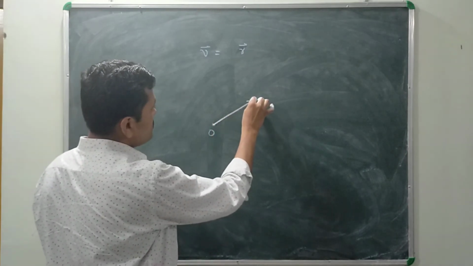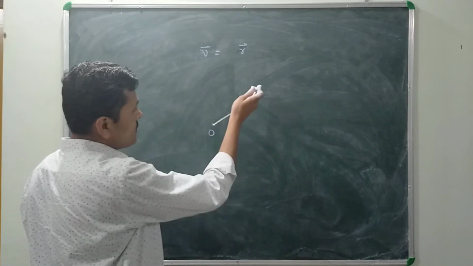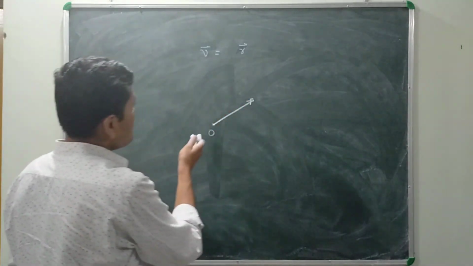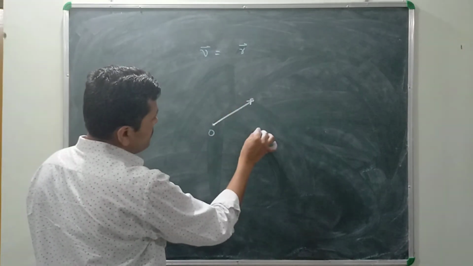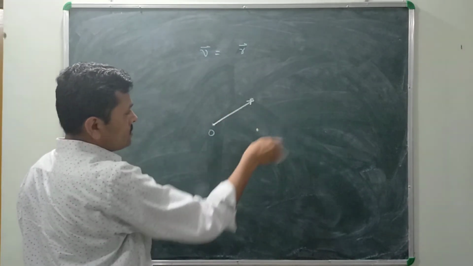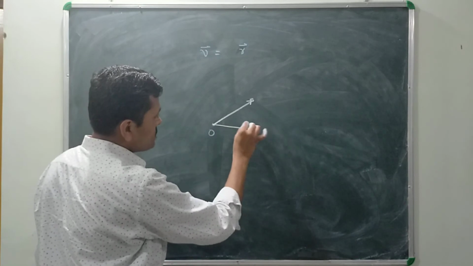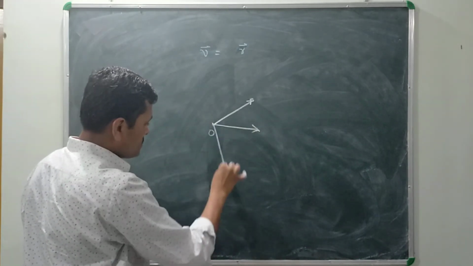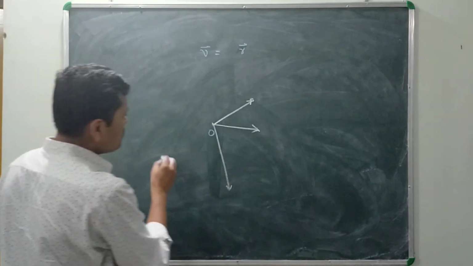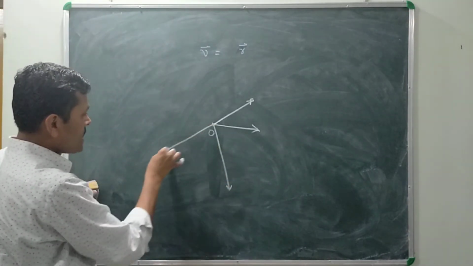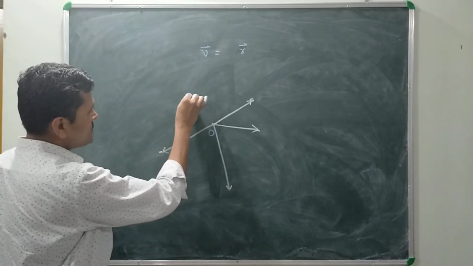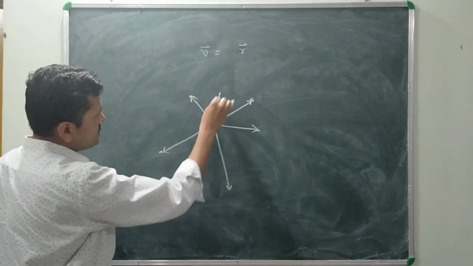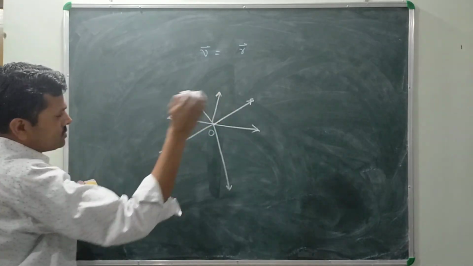Its direction will be, since the position vector is always directed from the origin to that point, along this. If we select this point, the direction will be like this, and so on.